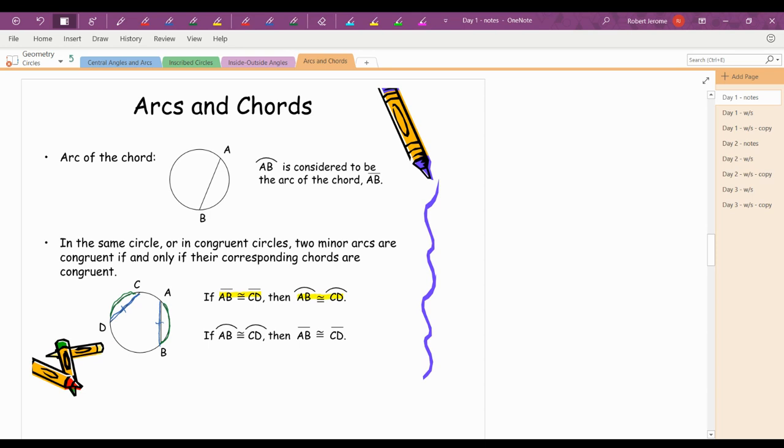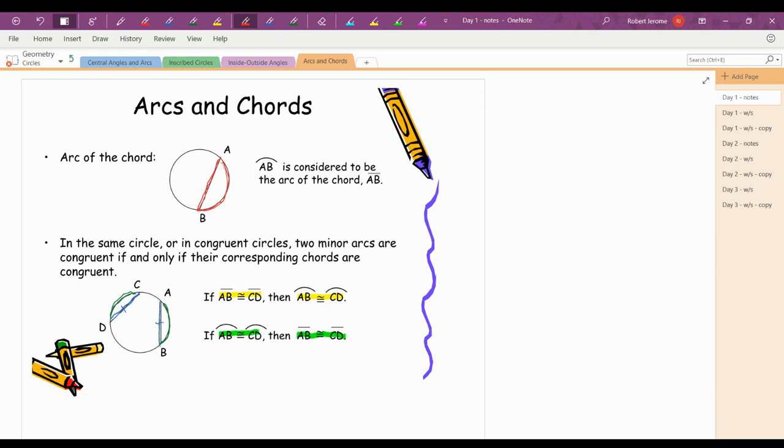And we can reverse that by saying if the arcs are congruent, then the chords that slice them off are congruent. So again, just like we want to match the angle with the arc, we want to match the chord with its intercepted arc.